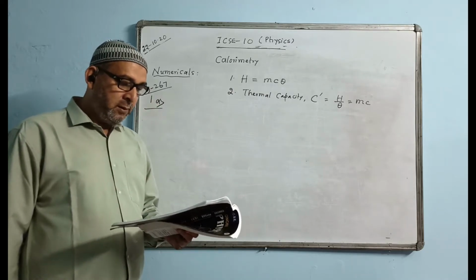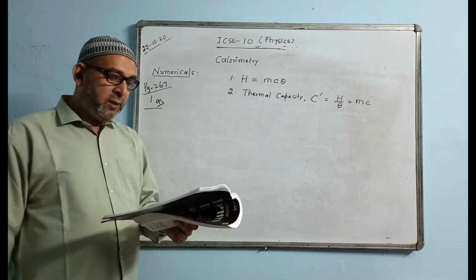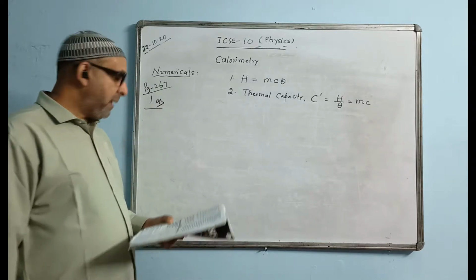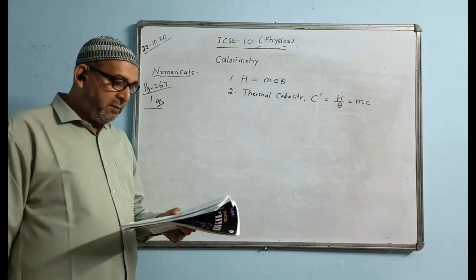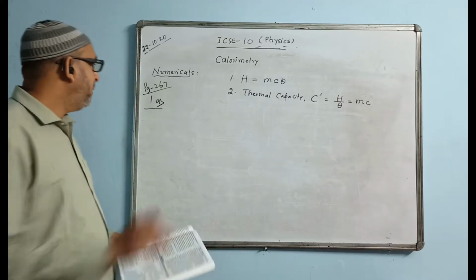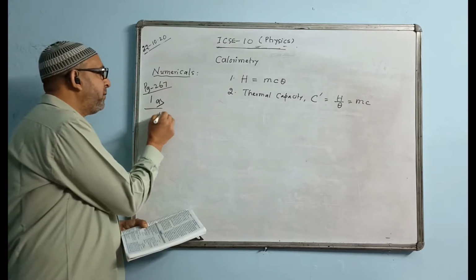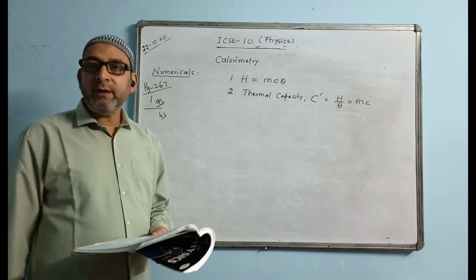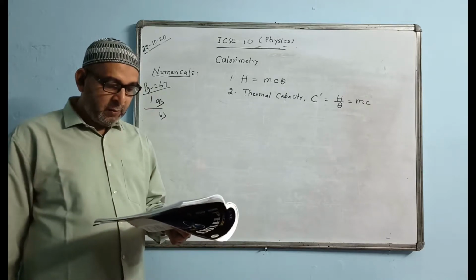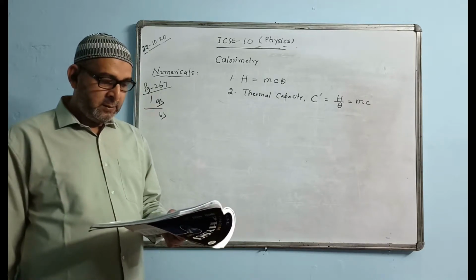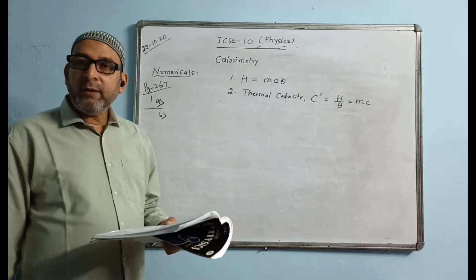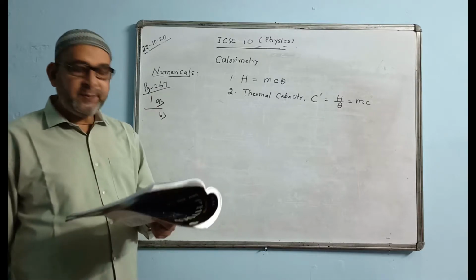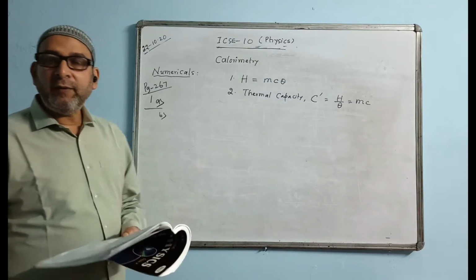Calculate the heat capacity of the iron ball. This was part A, and part B: if the mass of the ball is 1.1 kg, find the specific heat capacity of iron.